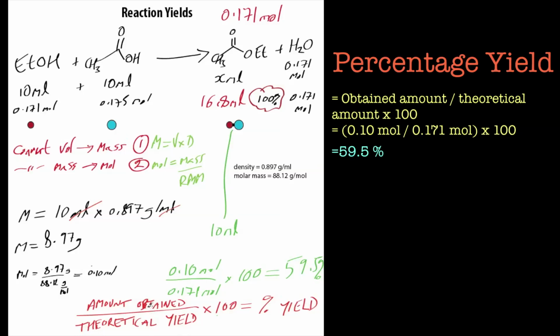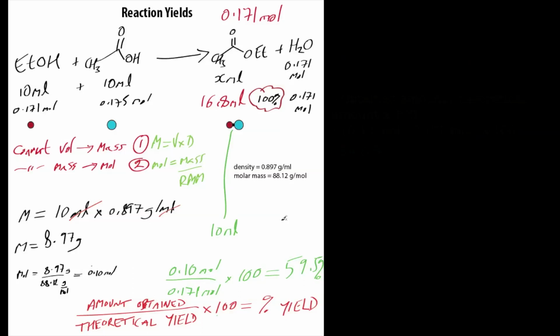Apologise for the scruffiness of this, the pen's not behaving itself. So the amount obtained divided by the theoretical yield times 100 will give you your percentage yield, and that is how you calculate percentage yields.